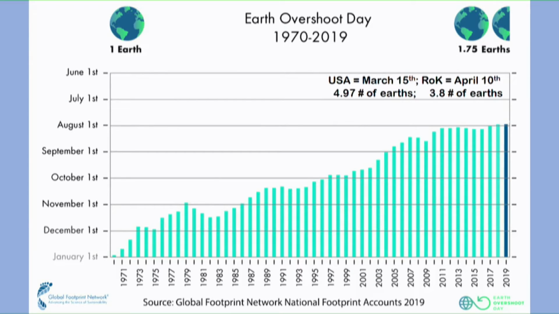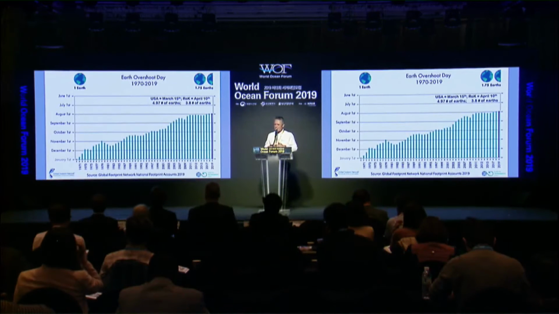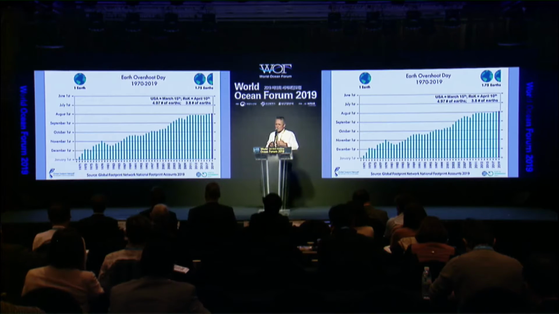Well, some of the issues we have with meeting this food supply is what we call an overshoot, meaning that we're using our resources faster than we can replenish them. Okay, so in the U.S., we're overshooting our resources by March 15th, and in Korea, it's April 10th.